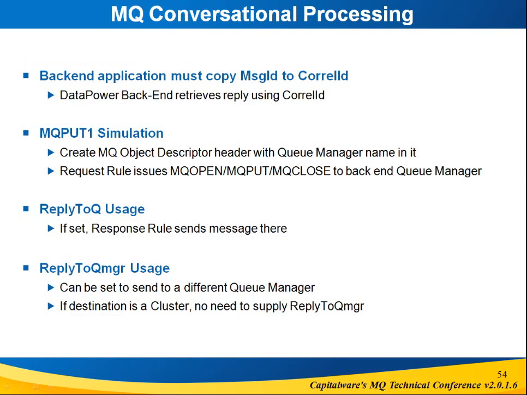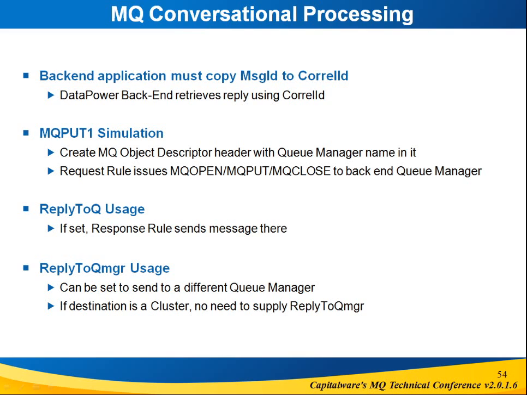And continuing on, something else that needs to be mentioned is conversational processing. The philosophy of the back-end handler within DataPower is that it assumes that whichever application it's sending the messages to is conforming to the conventional methodology of handling message ID and correlation ID.